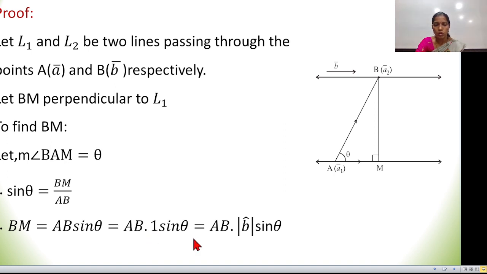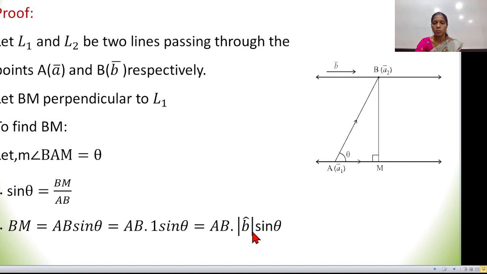Now here 1 means the magnitude of a unit vector, and we always know that the magnitude of a unit vector is 1. So in place of 1, we can put the magnitude of B cap, that is a unit vector. We already learned the definition of cross product in the topic vectors.